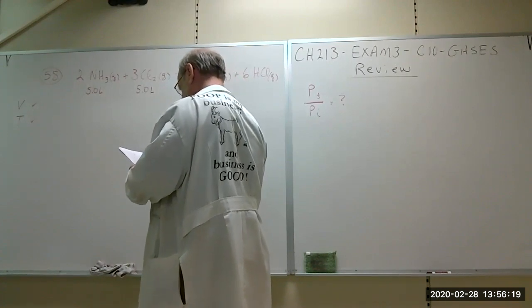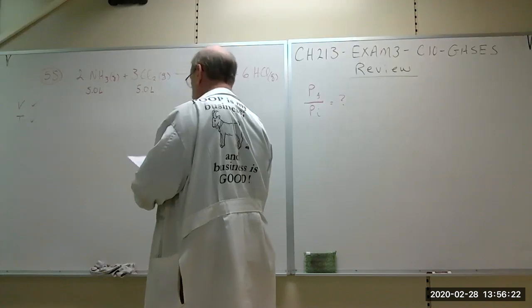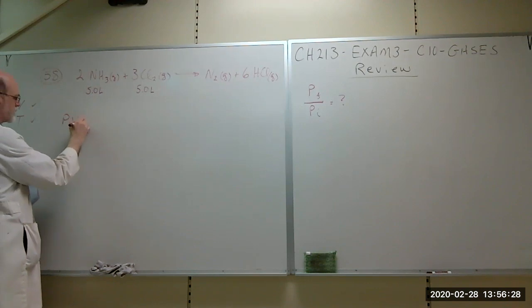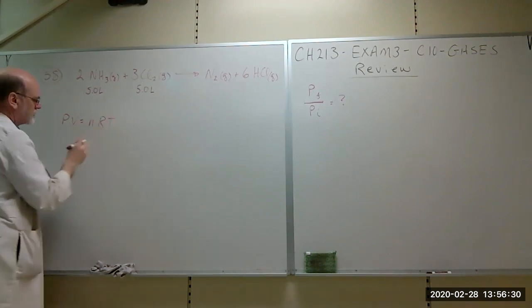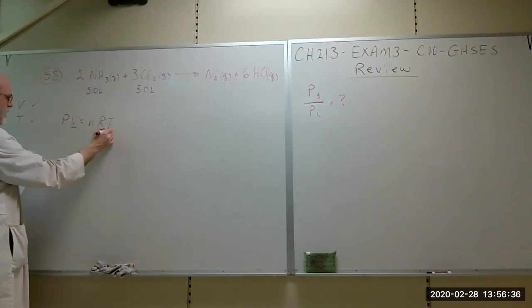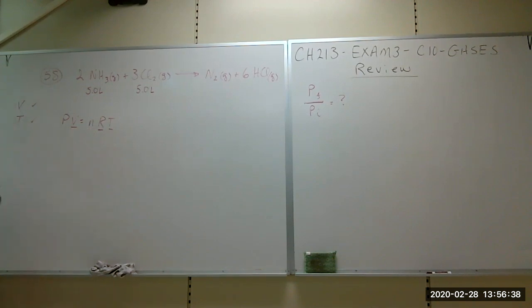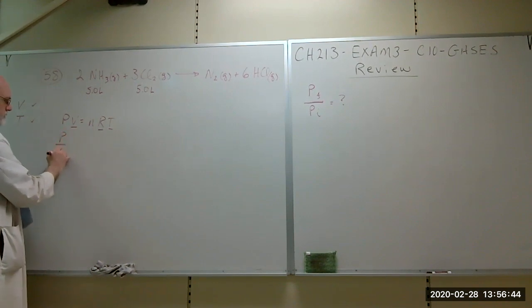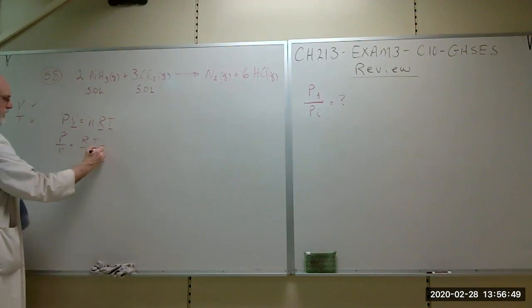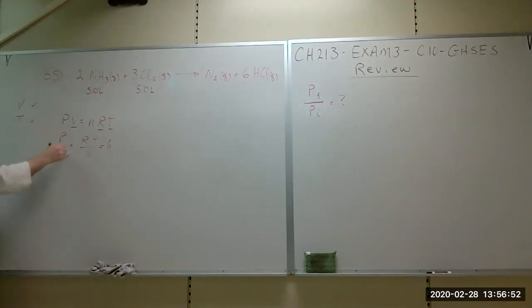So, what we're saying then is, if we look at the equation for ideal gases, if this one's constant and that one's constant and that one's constant, we can put all of those on one side and put the variables on the other side. So that's equal to a constant. So this ratio will be constant.